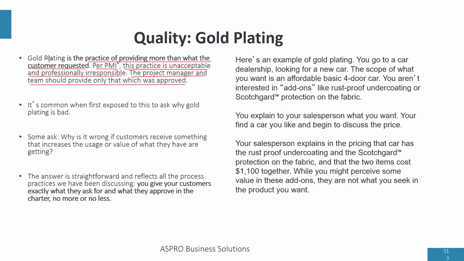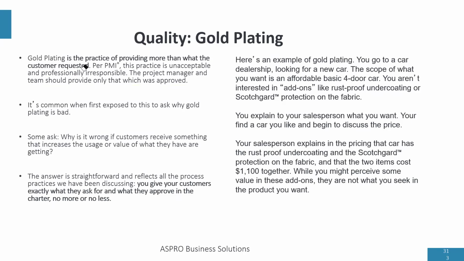Now, let's look at the definition of quality. We said quality is the degree to which a set of inherent characteristics meets requirements. It is the degree to which we meet requirements, not the degree to which we exceed requirements. Providing more than what the customer requested is exceeding the customer's requirements, and that is going outside quality.